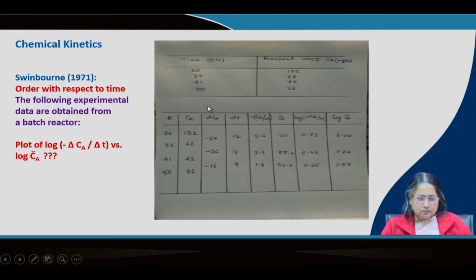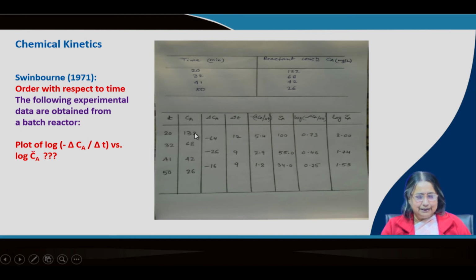Then you make a table to show the data. This is the time column, and these are the Ca values. So, what will delta Ca be?